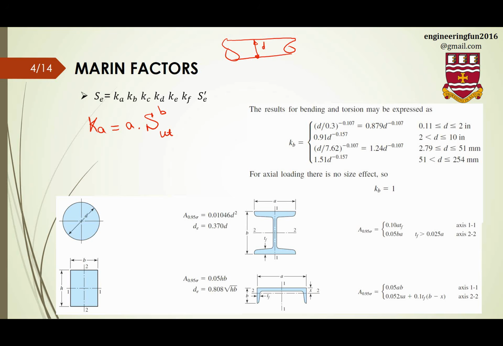For example, in this case, equivalent d is this coefficient times the real d. If we have this case, we need to find the area, find the square root and multiply by this one, and use this equivalent d here.